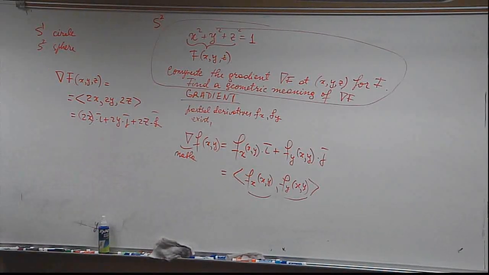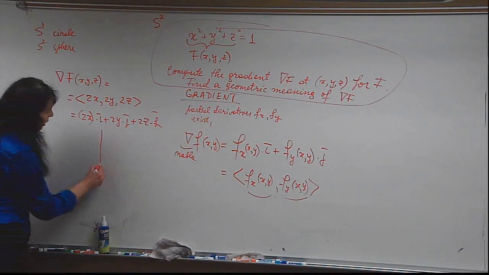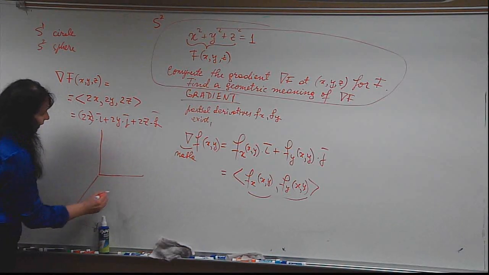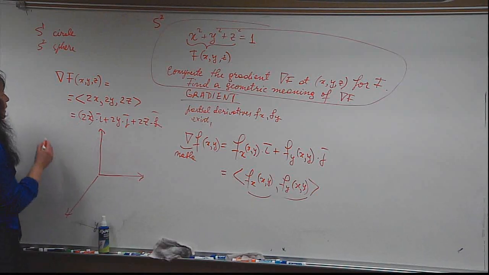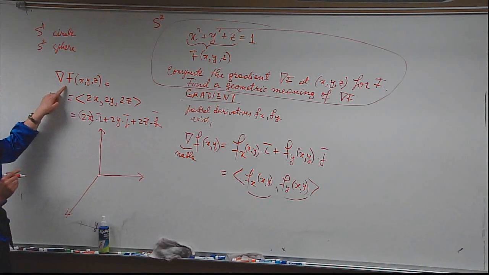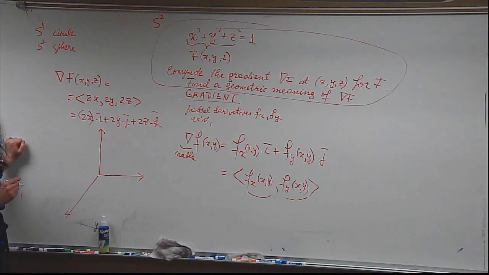Does this have a geometric meaning? I don't know. I have to draw, and maybe when I draw, I get an idea. Is this a unit vector? It's not. Nabla f is not a unit vector.